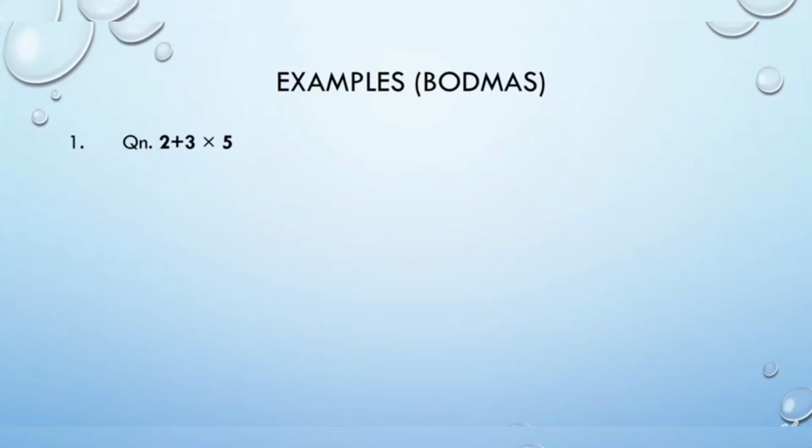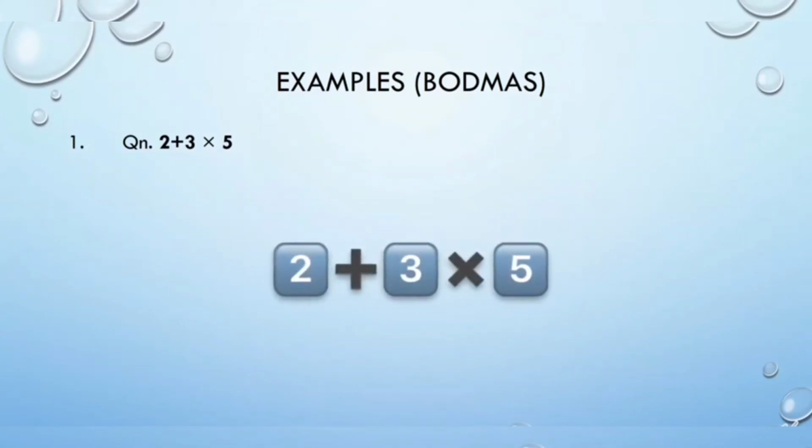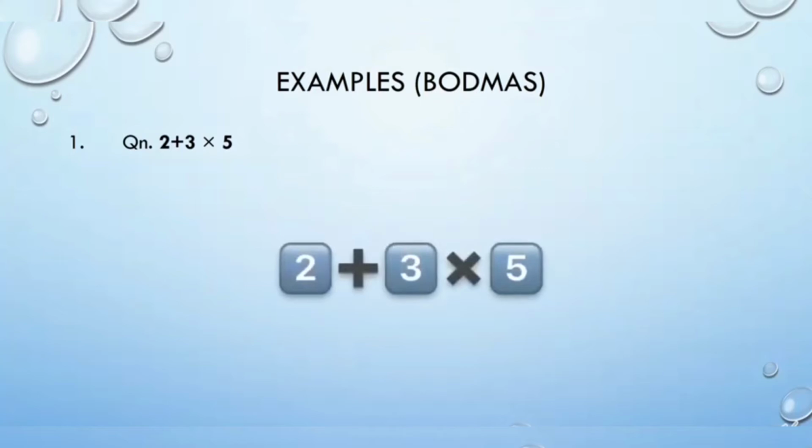The first problem is 2 plus 3 into 5. So here plus and multiply is there. So which one we will do first? According to the BODMAS rule, multiplication has more priority than addition.